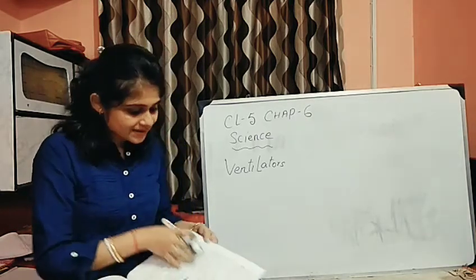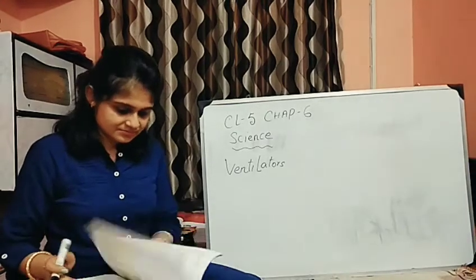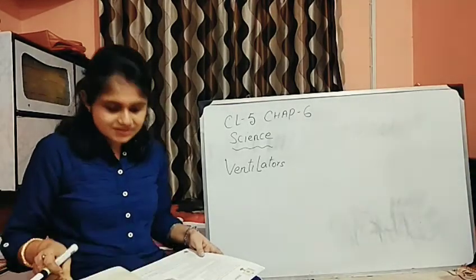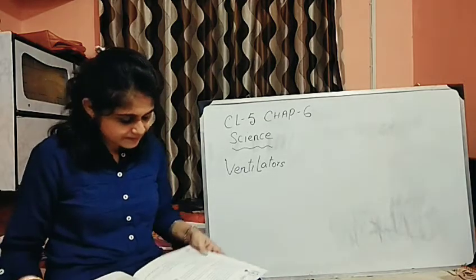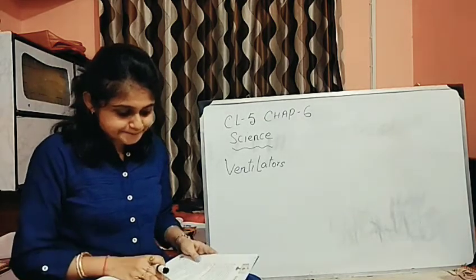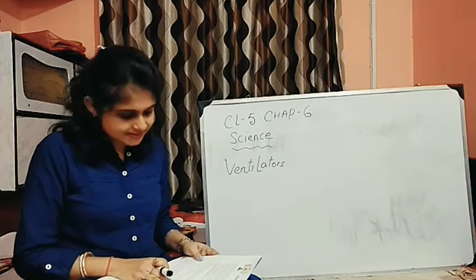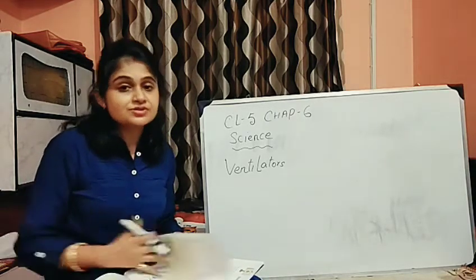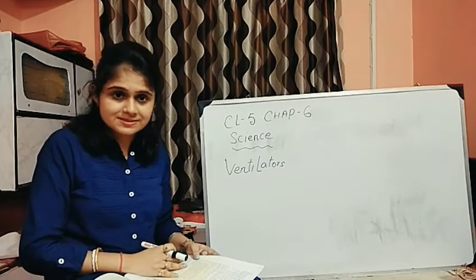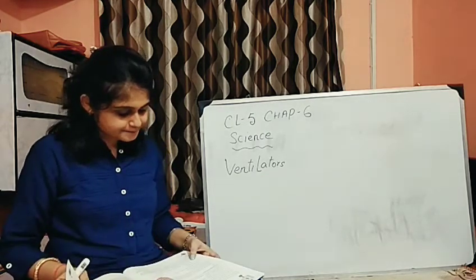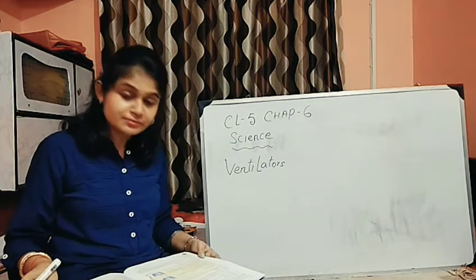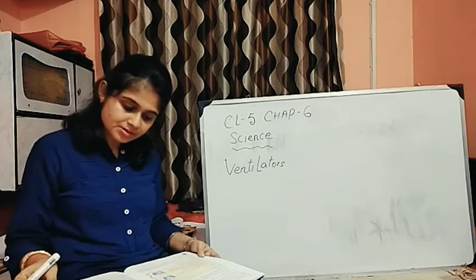Okay, so we have completed the chapter called States of Matter, where we have learnt about matter, molecules, atoms, solid, liquid and gas differences, and their properties. Then we came to the solubility of substances in water.